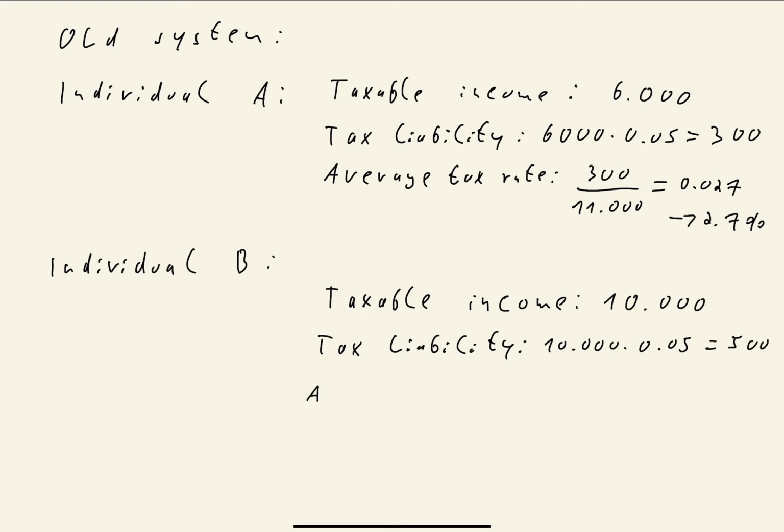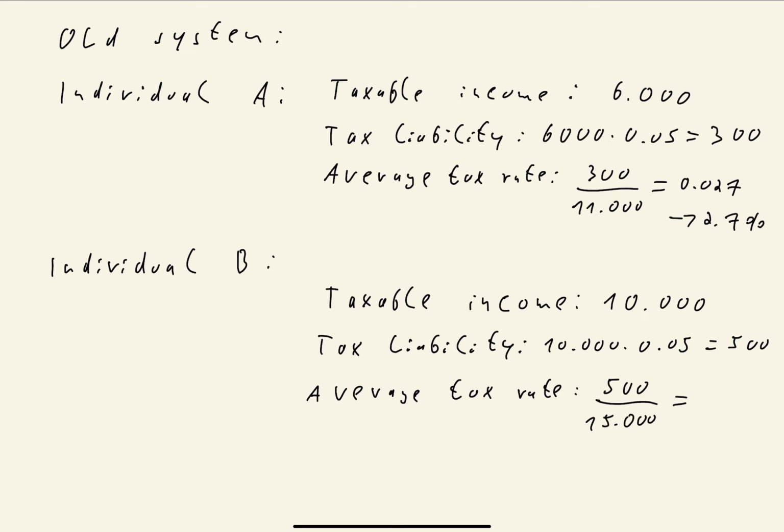Therefore, the average tax rate here is 500 divided by the total income of individual B, which is 15,000.